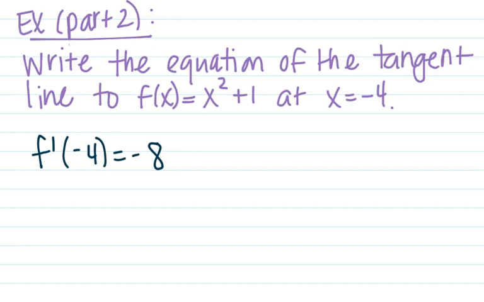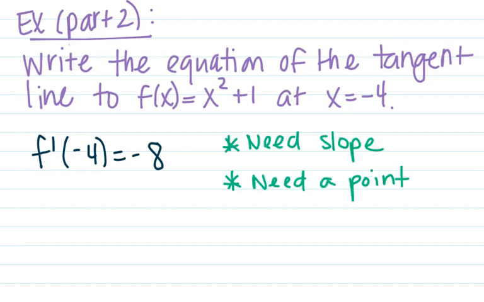The two things we need to write the equation of any line are a slope and an xy point. So we have the first one, good to go, but we do need a point. And we have the x-coordinate here at -4, but we do not have the y-coordinate yet.